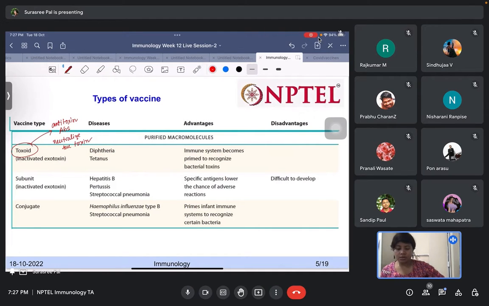Next, coming to the capsular polysaccharides, one very good example of this is Streptococcus pneumoniae. So this is the pneumonia vaccine that I'm talking about.